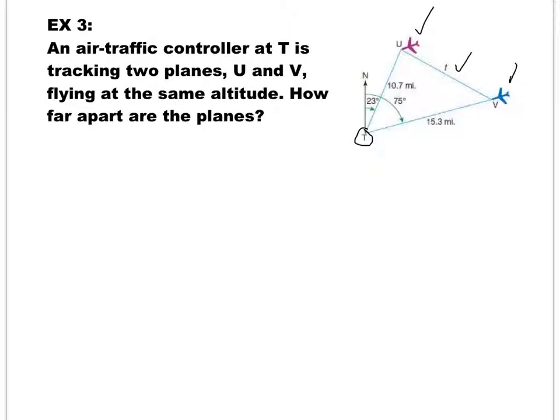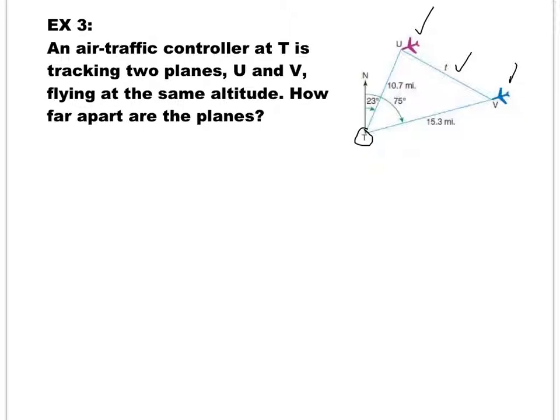The information given here is the following. The distance between the plane at U and the air controller is 10.7 miles. The distance between plane V and the air controller T is 15.3 miles. The angle between the line of sight from controller to plane U with vertical is 23, and the same for plane V is 75.